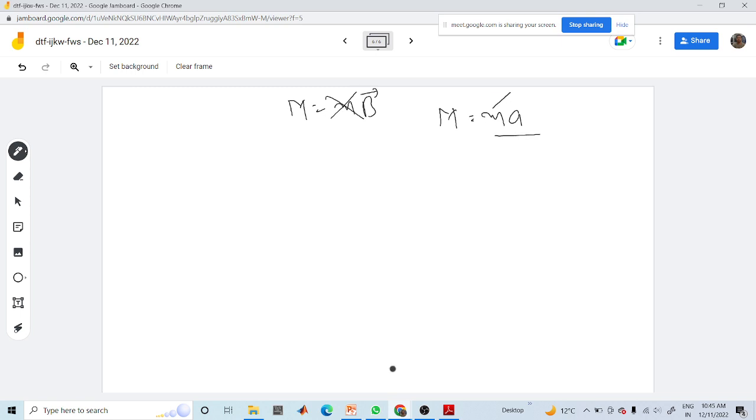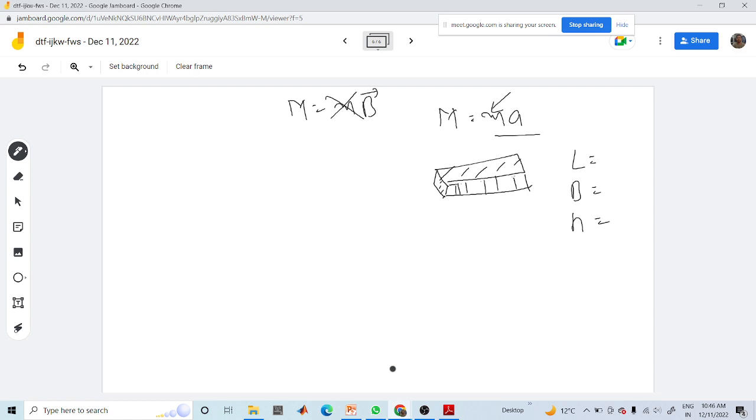In this condition we don't have m, but here we have a bar magnet. A bar magnet means something like that, three dimensional, so it has a length, a breadth, and a height.